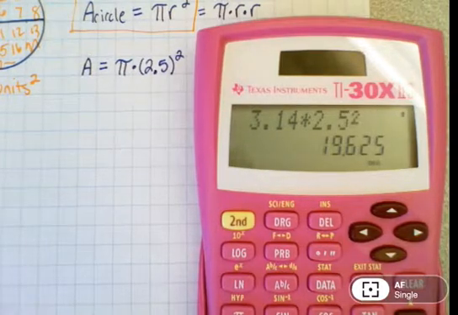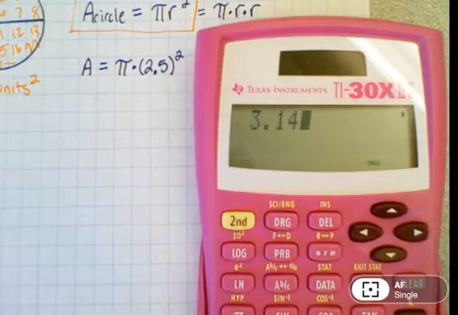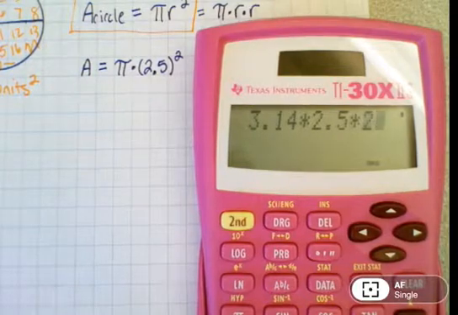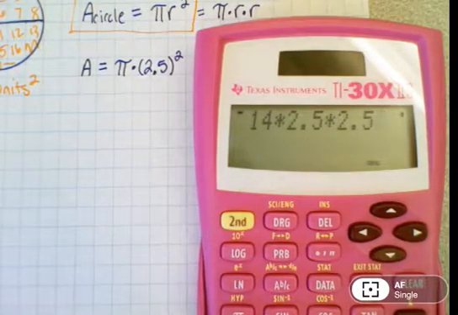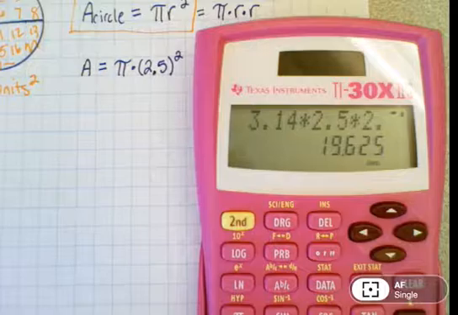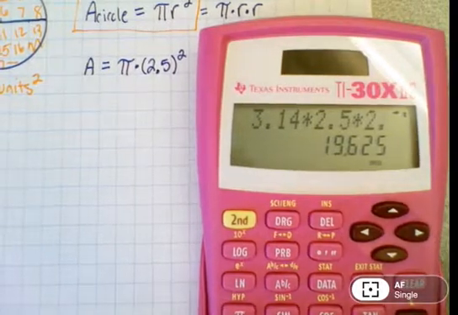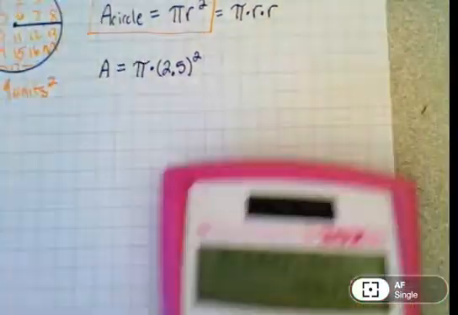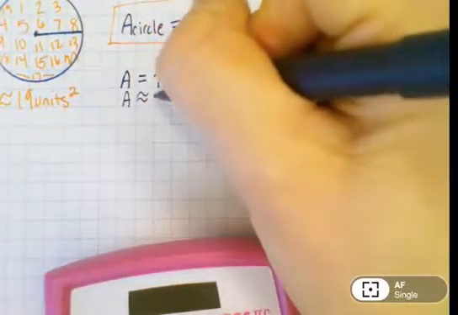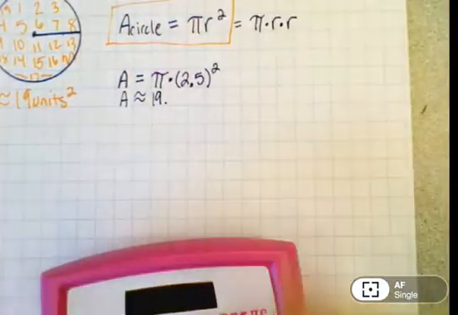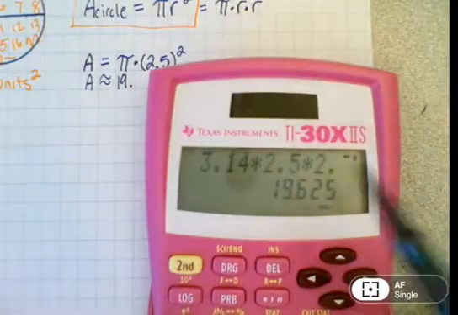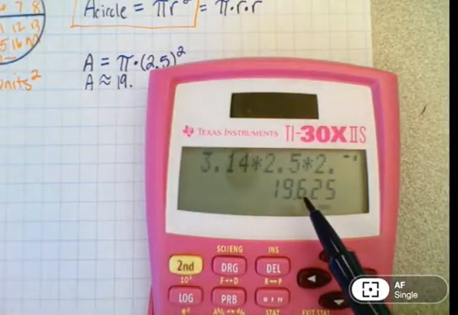You could also type in 3.14 times 2.5 times 2.5, because that's what it means to square a number, is to multiply it by itself. And you'll get the same answer. So 19.625, approximately, because we used an approximation for pi. So 19 point, and we're going to practice rounding to the nearest hundredth. So I've got 0.62.